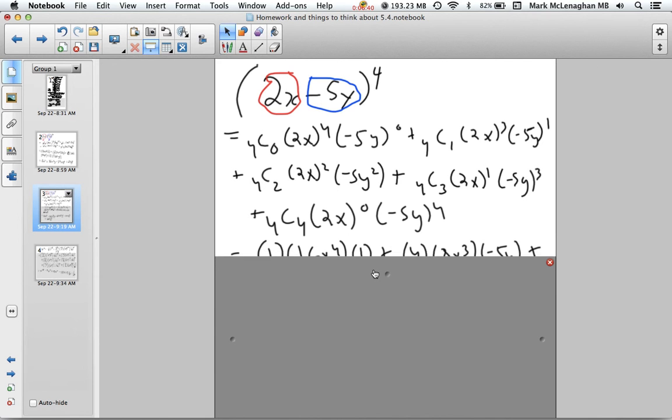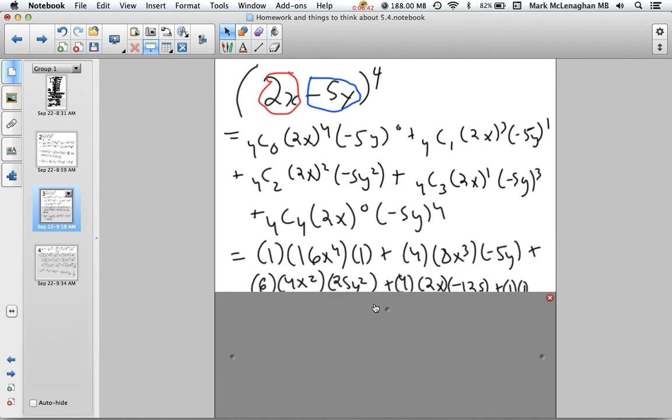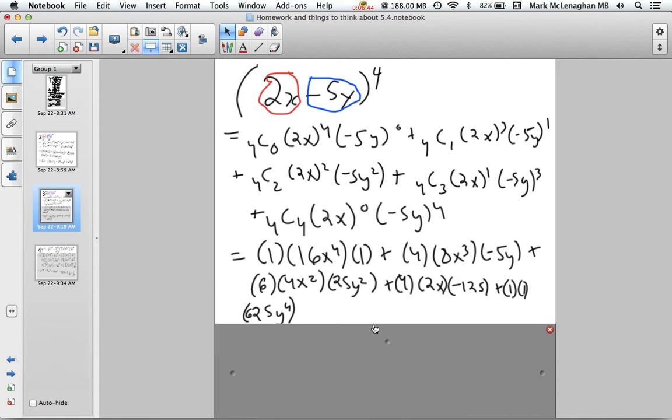Now when we start expanding these, start looking at the values.